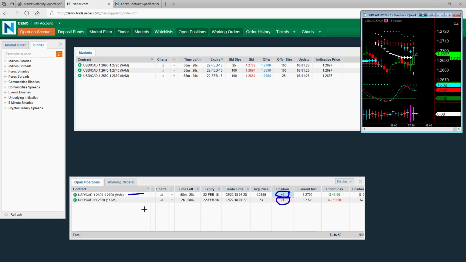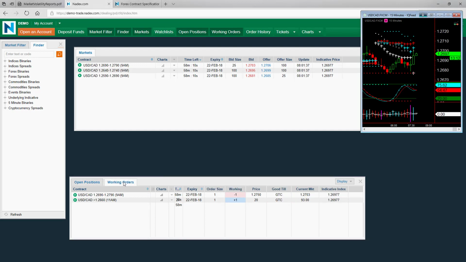The short, on the other hand, I did using a binary for an 11 a.m. expiration, okay? I was only risking about $27 per contract, okay? I do have profit targets on both of these trades. If I go over to working orders, you can see on my spread, I have a target price at $27.50. And on the binary, I have a profit target of 20.